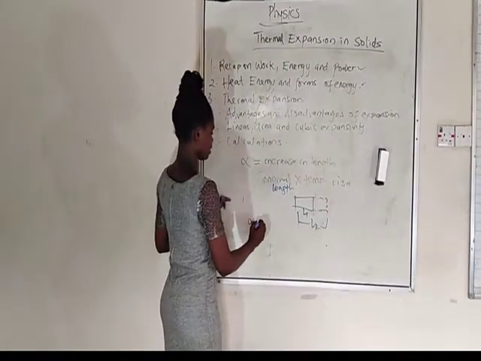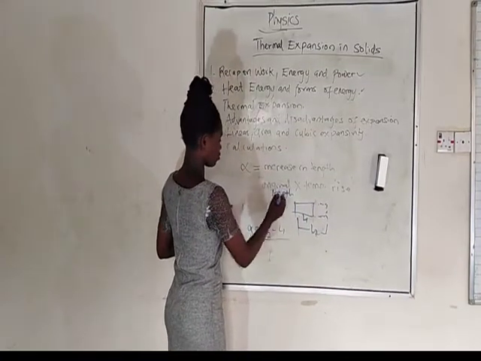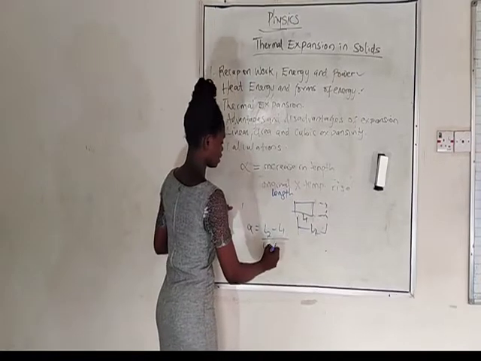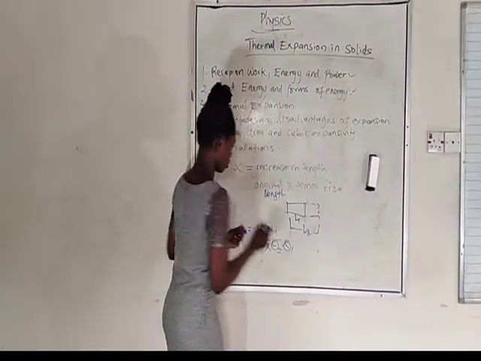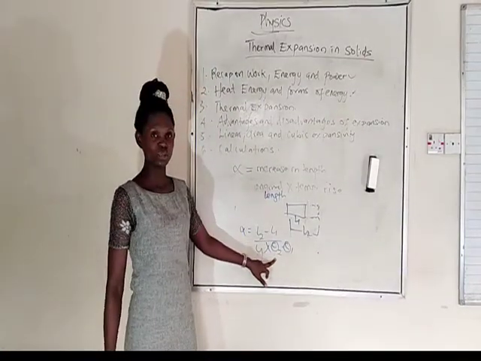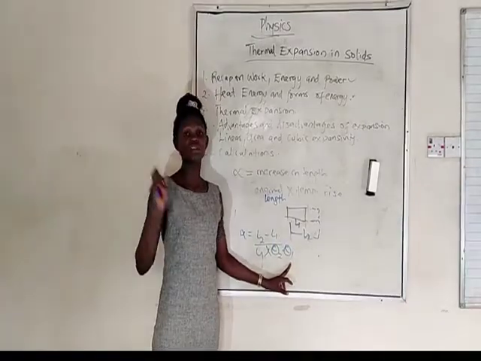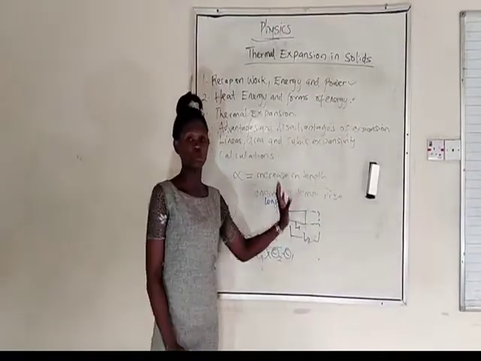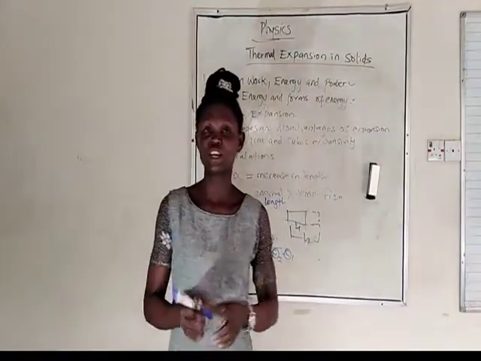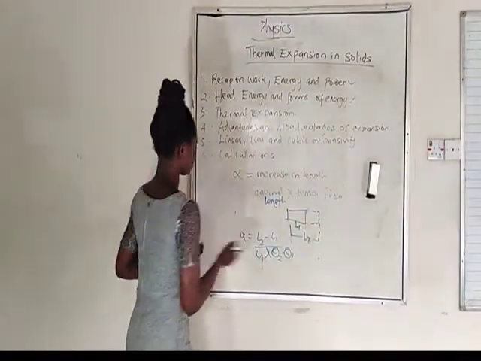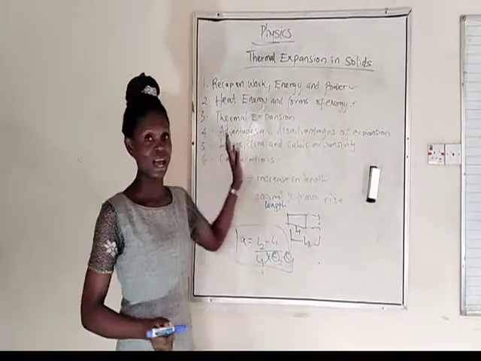Your linear expansivity is going to be your L2 minus your L1 all over the original length, which is L1, times the temperature difference, theta 2 minus theta 1. This is theta 2, the new temperature, and this is theta 1, the original temperature of that body before heat was introduced. And you know that your temperature, of course, is measured using your thermometer. Okay, so take note of this. We're going to be using this formula when we are doing our calculations.